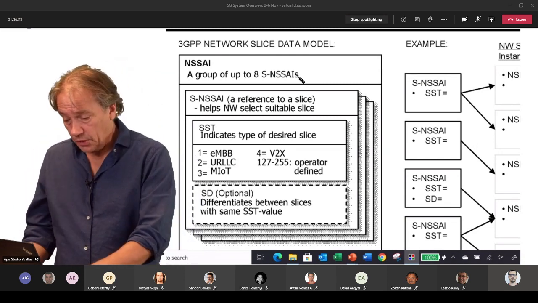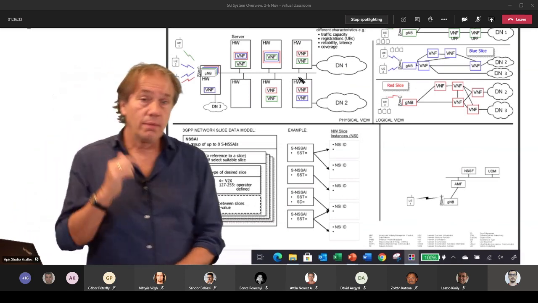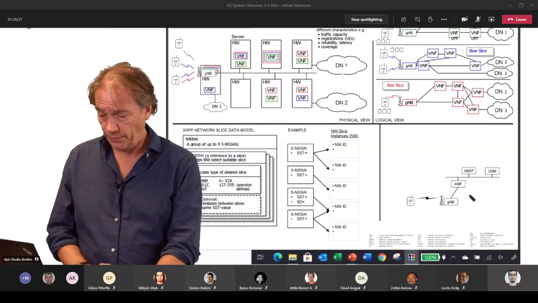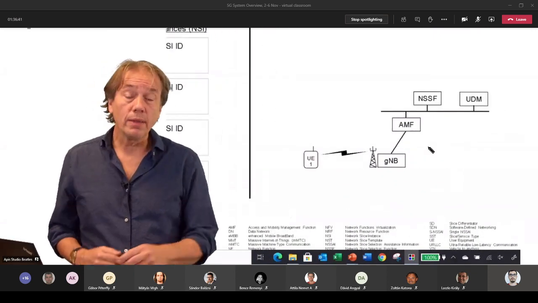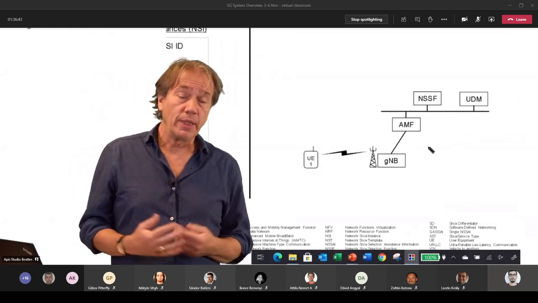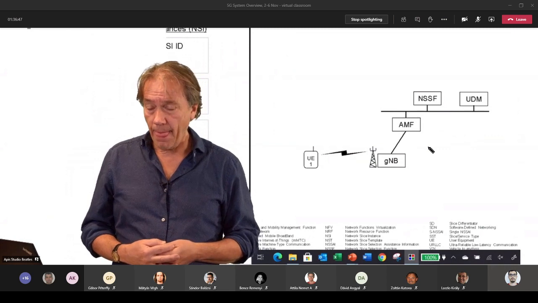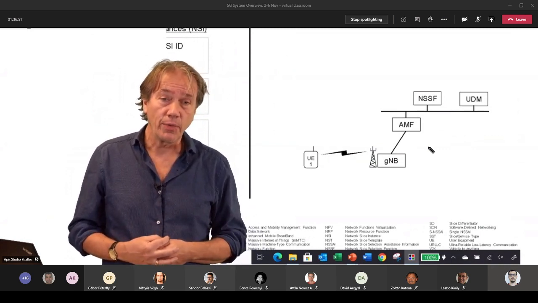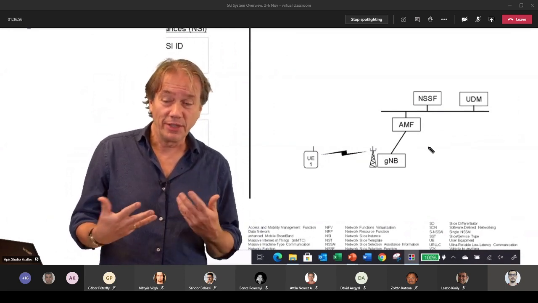All right, so let's go down to this corner. When a user equipment registers in the network, and also when it sets up a session, it will indicate to the network slice selection assistance information.